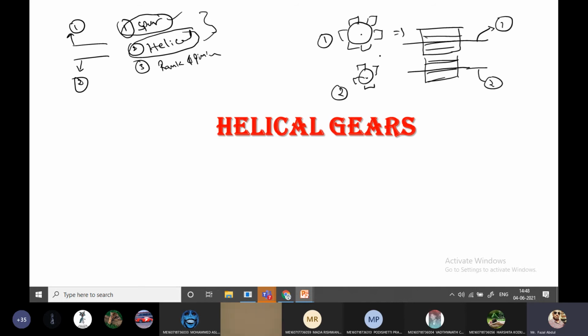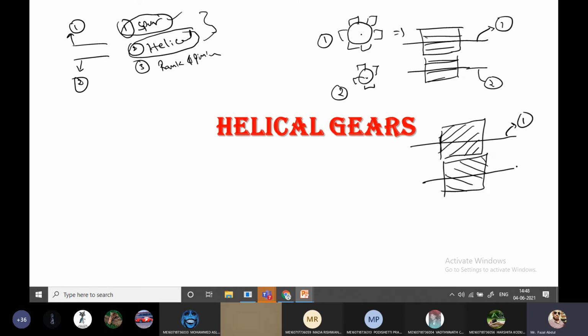Now the helical gear is also the same as this. But what is the difference between the spur gear and helical gear? The difference I am showing here. These two gears are in mesh. Now the teeth are generated in a helical manner. For both gears, this is the driver and this is the follower.